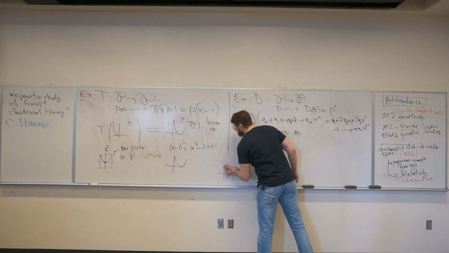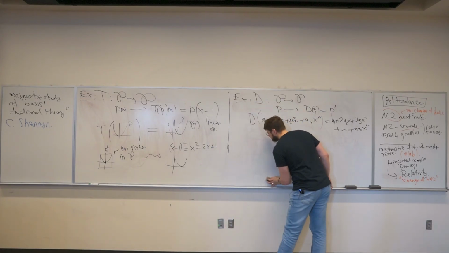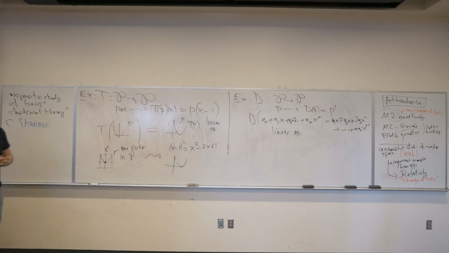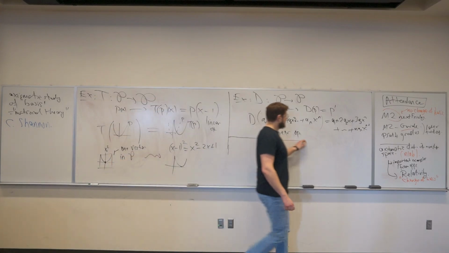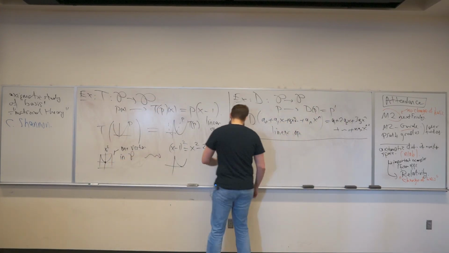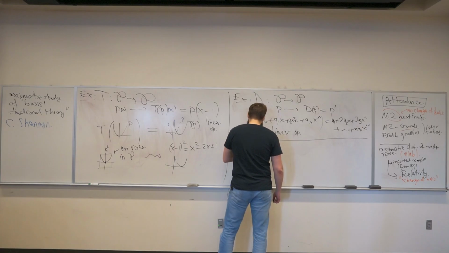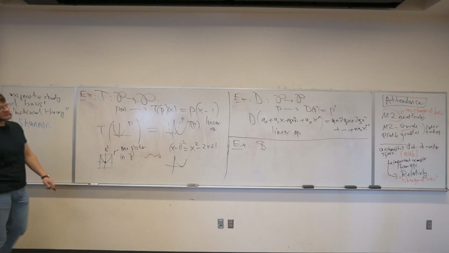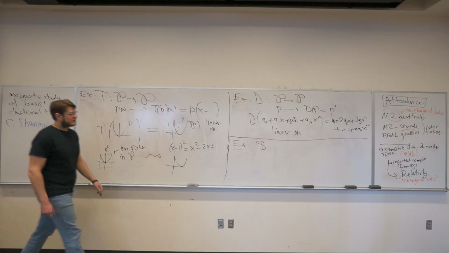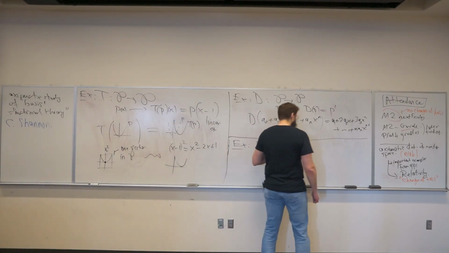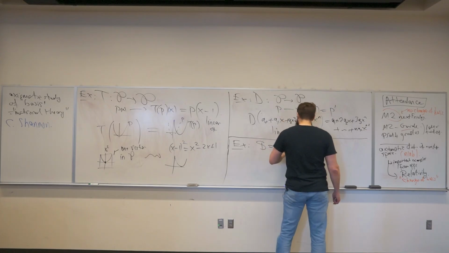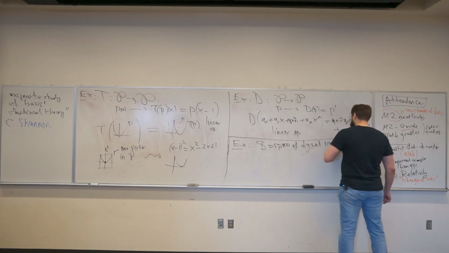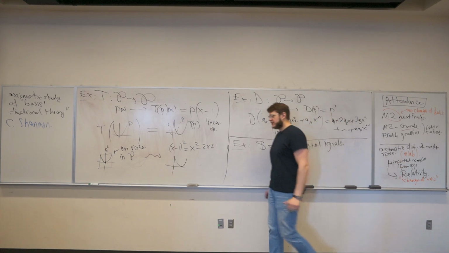Here's another important example. Space of signals, okay? Discrete time or digital signals. In a textbook, this is denoted by this blackboard S. I'm just going to draw something like a dollar sign. Space of digital signals. Okay, what does that mean?